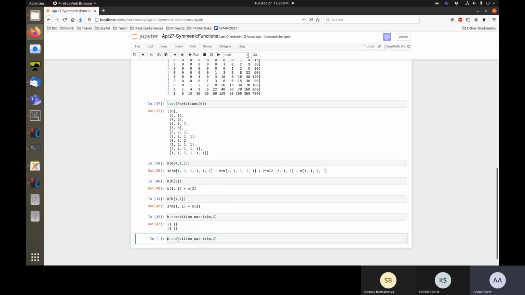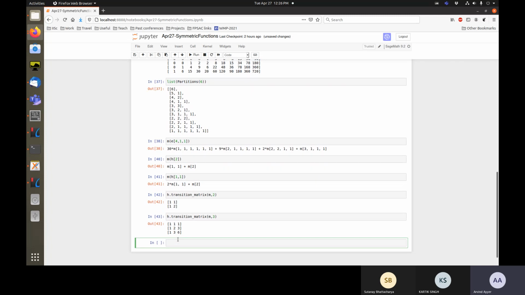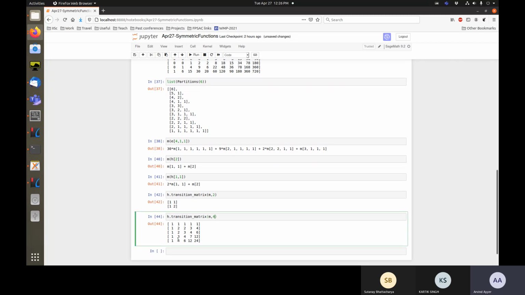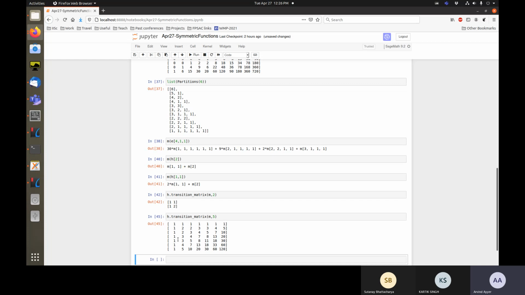So if I take 3, 4. Now you see all the entries are non-zero, and so it's a little more tricky to prove that this matrix is invertible. If the matrix is invertible, because we know that the M's form a basis, then we can show that the H's form a basis.